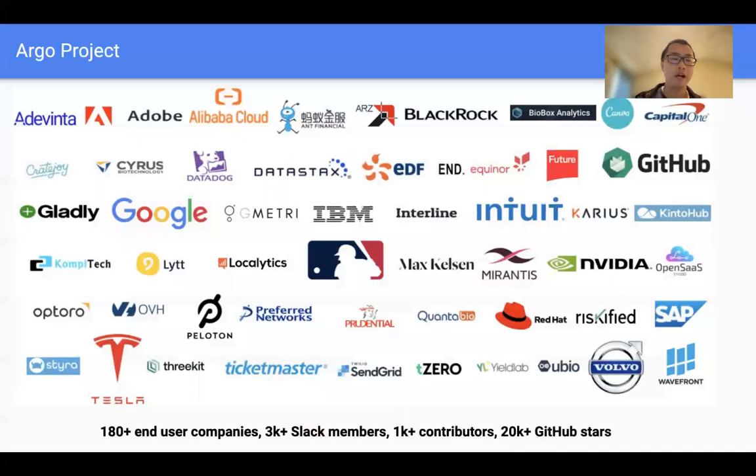And the Argo project is used and trusted by more than 180 end user companies, 3,000 Slack members, 1,000 contributors to the code base, more than 20K GitHub stars.